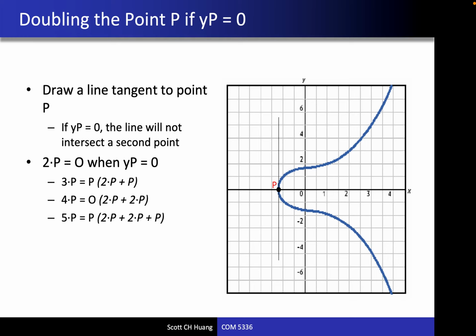And if it's an odd number, then it is equal to P. So if we keep adding points, 1P, 2P, 3P, 4P, we just switch back and forth between P and the point at infinity. 5P, 6P is equal to the point at infinity. So we have a special case.